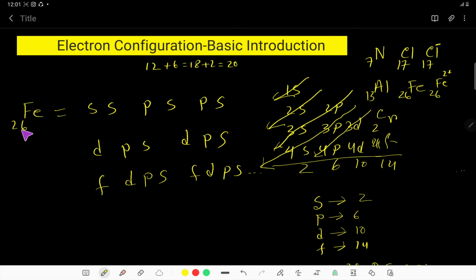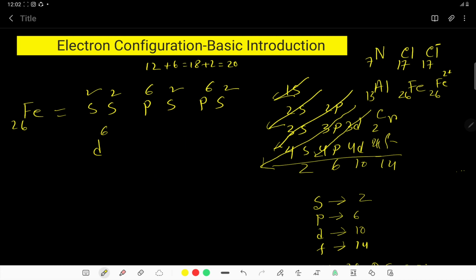So let us distribute 26: 2, 4, 10, 12, 12 plus 6 is 18, 20, 20 plus 6 is 26. So already we have distributed all the electrons. So we don't need this sublevel.